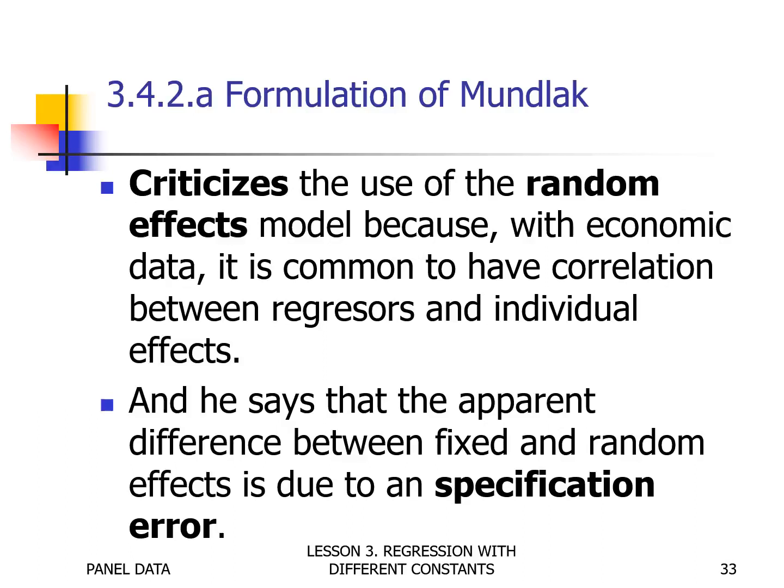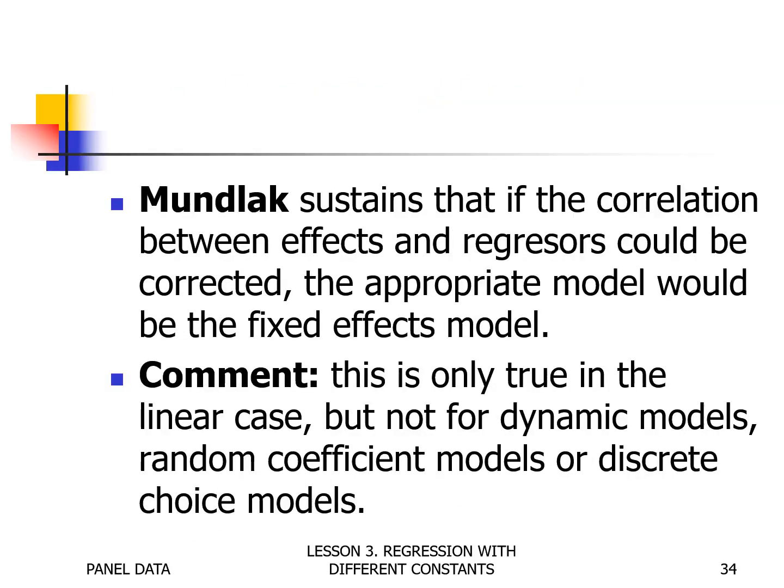So the fixed effect model, which is an interesting model, can have important problems because in many cases important variables may be dropped from the specification if you use just fixed effect model. So it is problematic. But Mundlak sustains that if the correlation between effects and regressors could be corrected, the appropriate model would always be the fixed effect model.